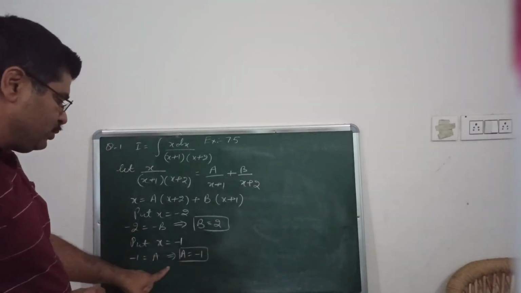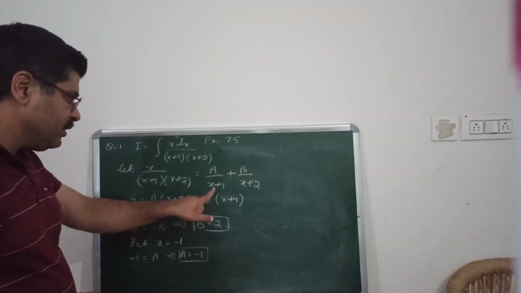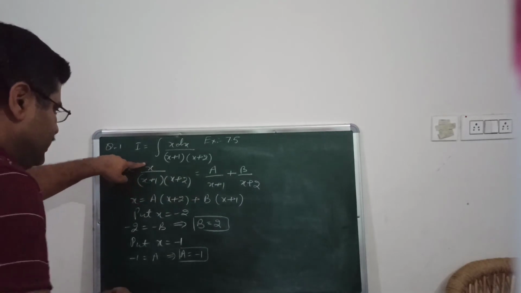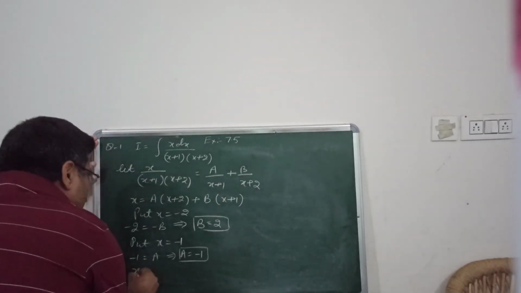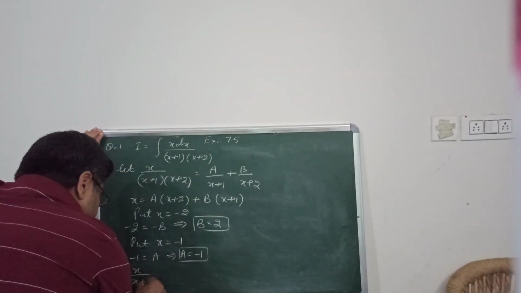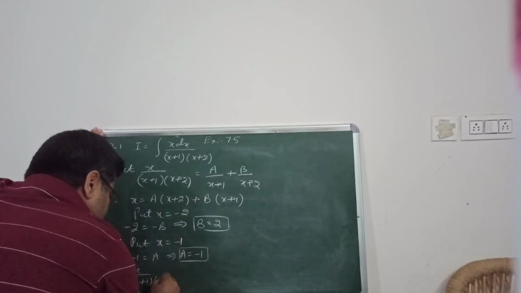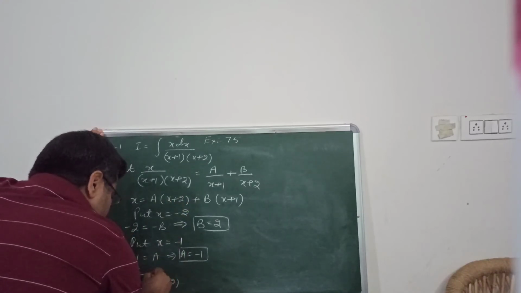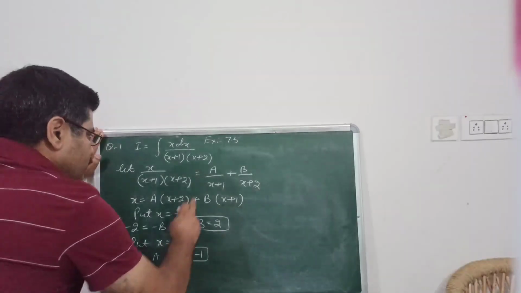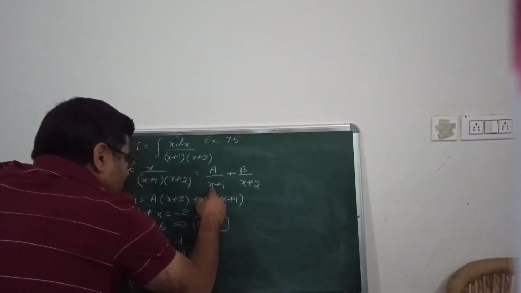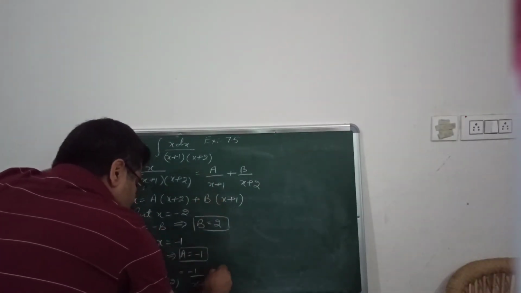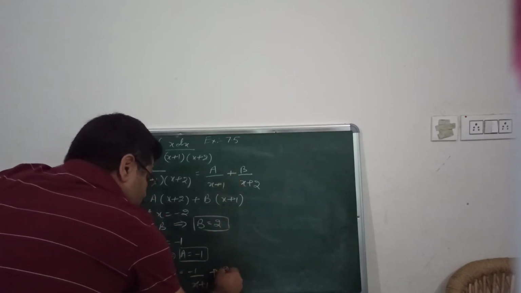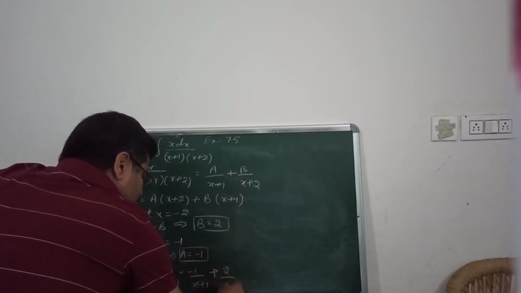Now what we will do, these values of a and b, we will put them here. It means x upon (x plus 1) into (x plus 2) will be equal to minus 1 upon x plus 1, plus b, which is 2, upon x plus 2.